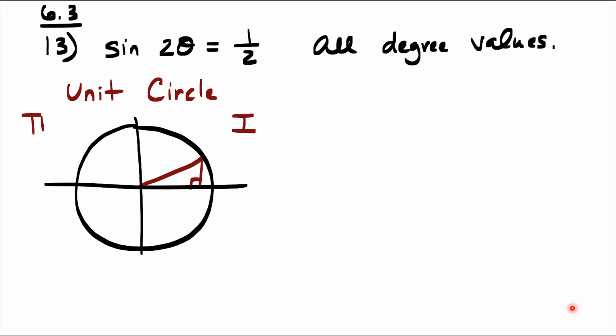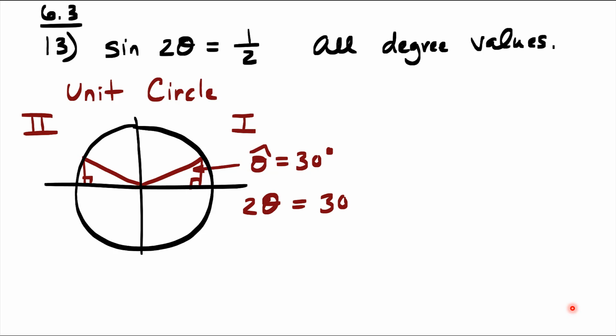And then we're also going to look at the second quadrant because, again, sine is positive in those 2 quadrants. Alright, I got that one. So this little angle, look on your chart here, that'll give me a reference angle of 30 degrees. Perfect. Okay, so 2 theta is going to be, for me, 30 degrees plus 360k. Okay, awesome, got one. This guy, reference angle, 30 degrees in quadrant 2.